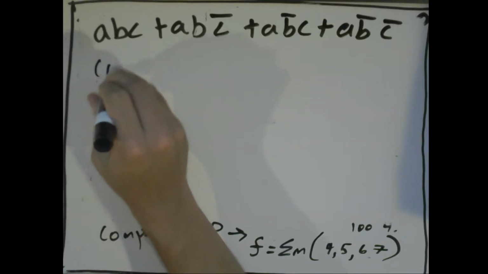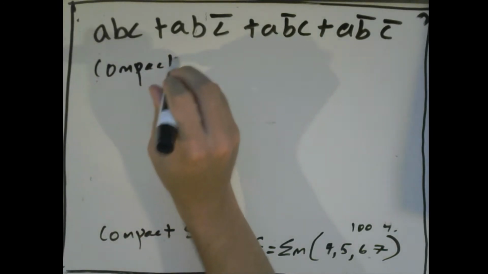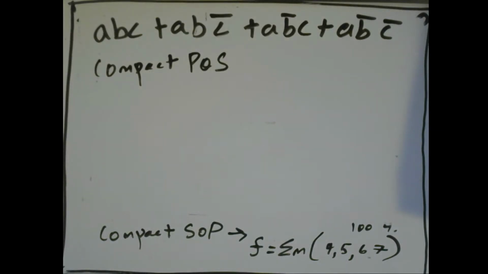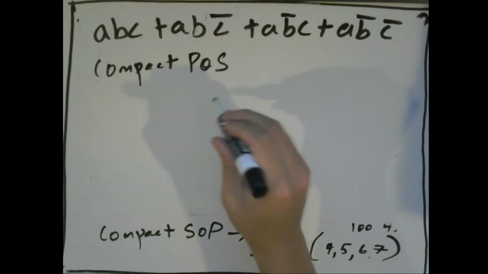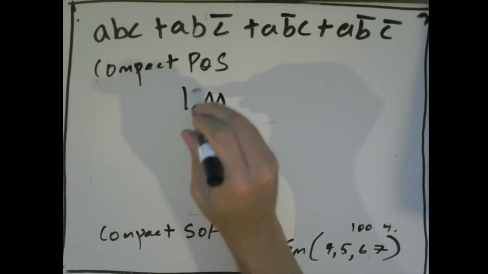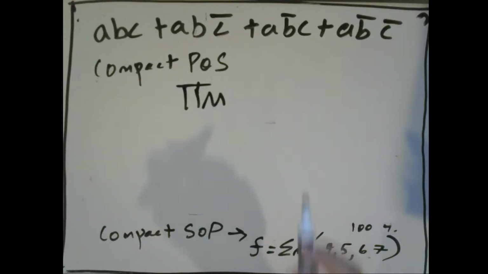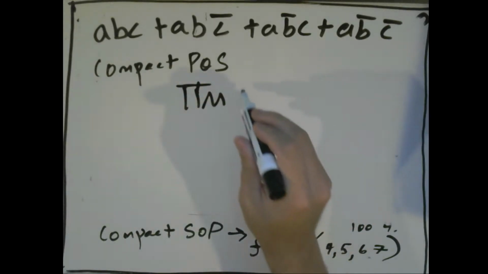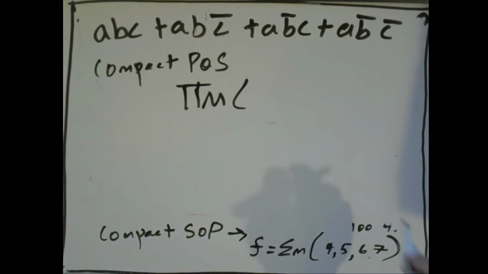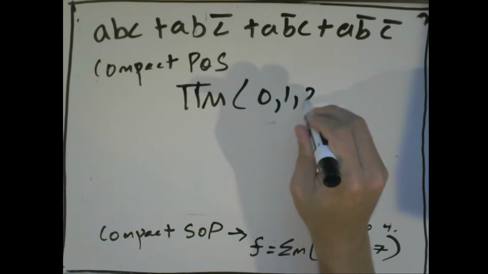So the compact POS is like the opposite, right? It's all the terms that make the equation go to zero. And so it should be the complete opposite of the SOP, right? So it should be all the terms that are not in the SOP. So you can write this as the product of max terms, and those are equal to 0, 1, 2, 3.